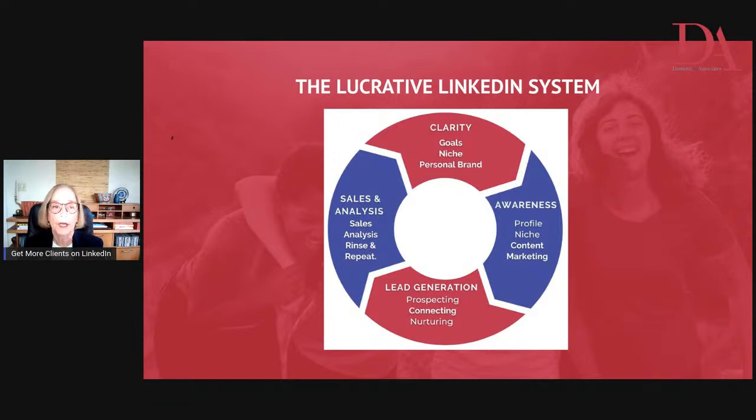Now, the final stage is sales and analysis. I don't know about you, but I just hate feeling like I'm being pushy, phony, or manipulative. And when I first was taught how to do sales, oh my gosh, and I'm sure that most coaches get this advice, it was like, you talk to them about their problems and then you drag them down.